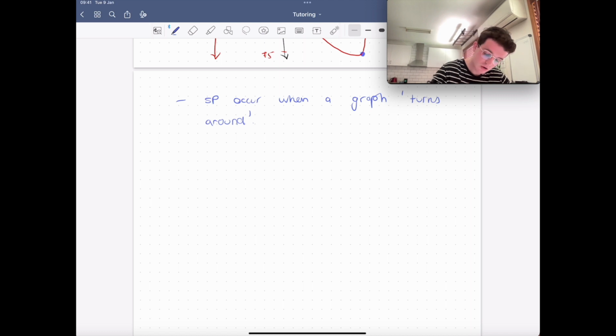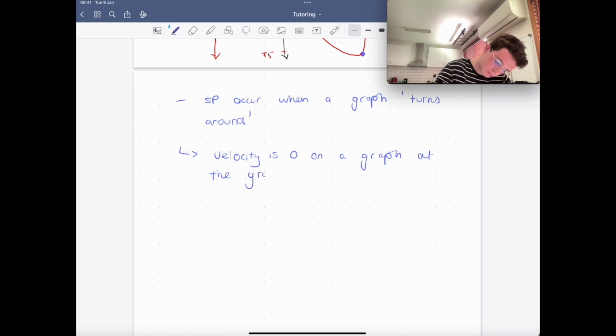So relating that to velocity, displacement, acceleration, velocity is 0 on a graph at the graph's stationary points. And that's because stationary points occur when the first derivative is 0. So velocity is 0 because it's the first derivative of displacement on the graph's stationary points.